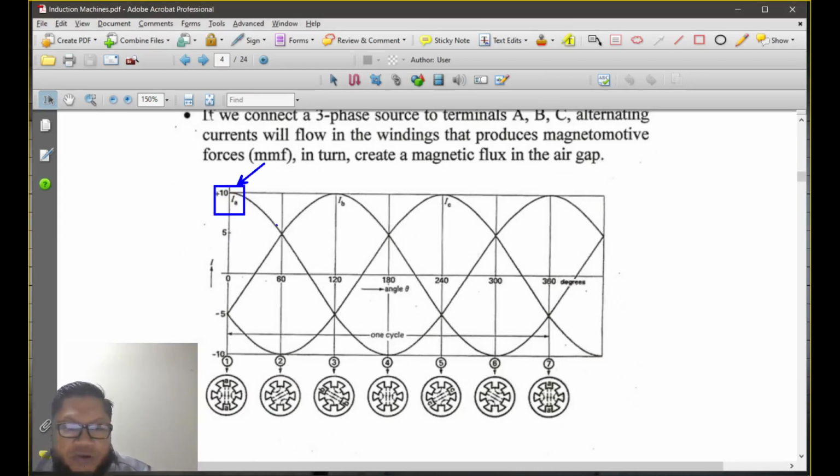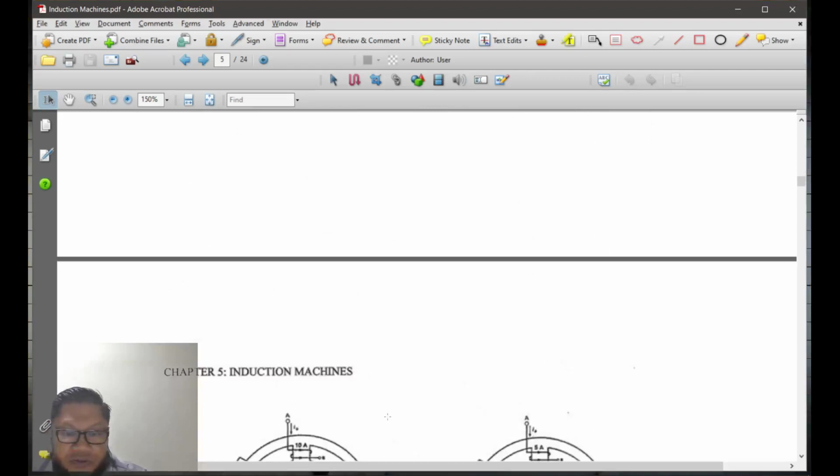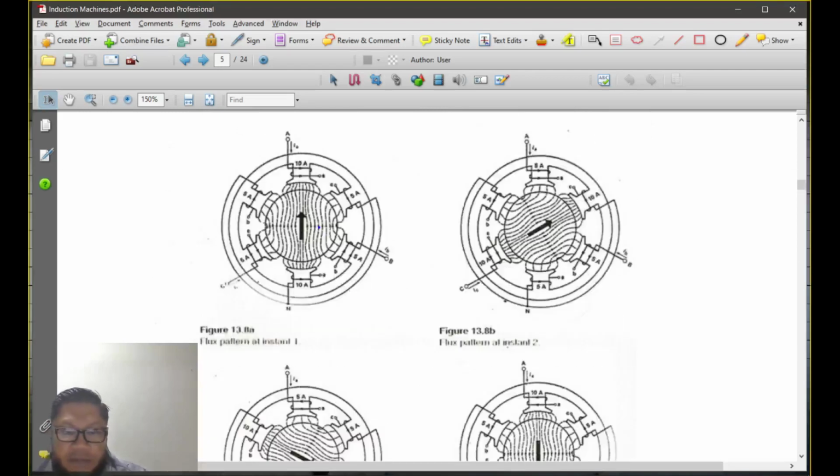When you have IA at maximum, of course the highest magnetic field will follow the current IA, so the magnetic field will follow the direction of IA, producing phase A, so you're going to have that direction of your flux at position 1.